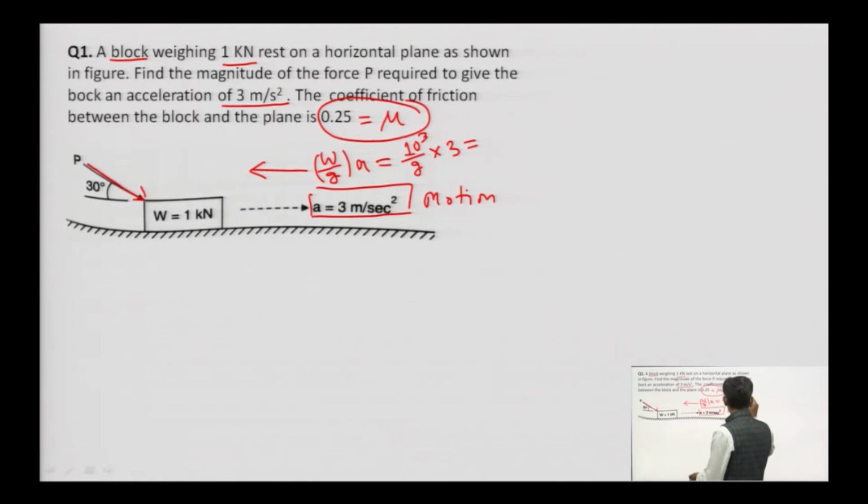So, it is 305, in kilonewton it is 0.305 kilonewton. Let us take 306. So, this is the inertia force that we need to apply.